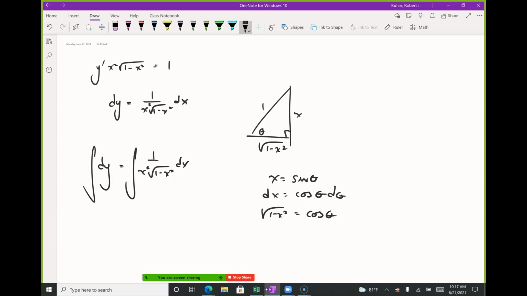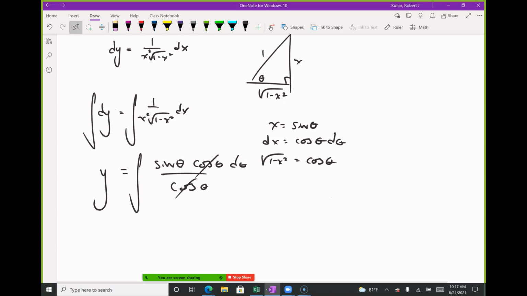Oh, it's probably an x to the 4th. Okay, but that's all right. So anyway, what do I get? I get y equals the integral of sine theta cos theta d theta over cos theta. Too easy, huh? And the antiderivative of sine is what? Negative cosine.